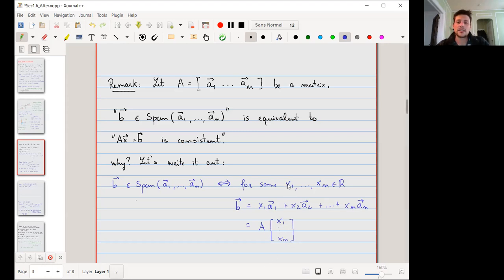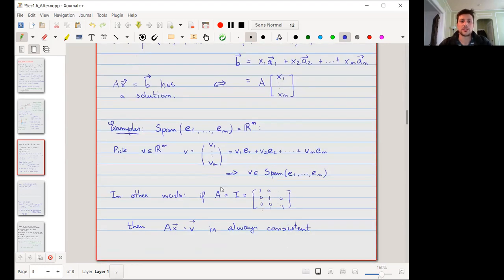So saying that x1 through xn exist that realize b as a linear combination is equivalent indeed to saying that Ax equals b has a solution. And having a solution means that the system is consistent.